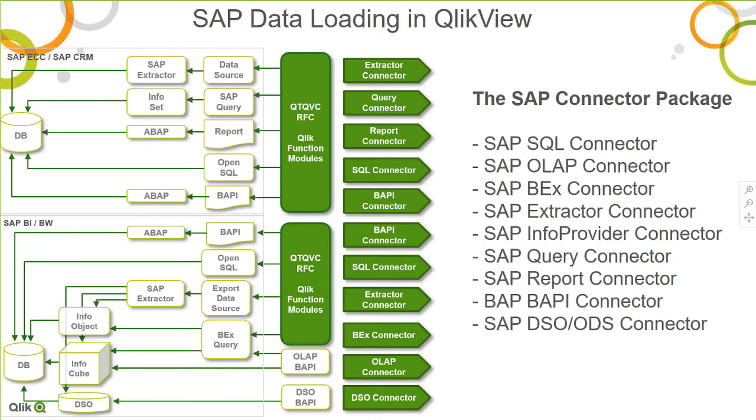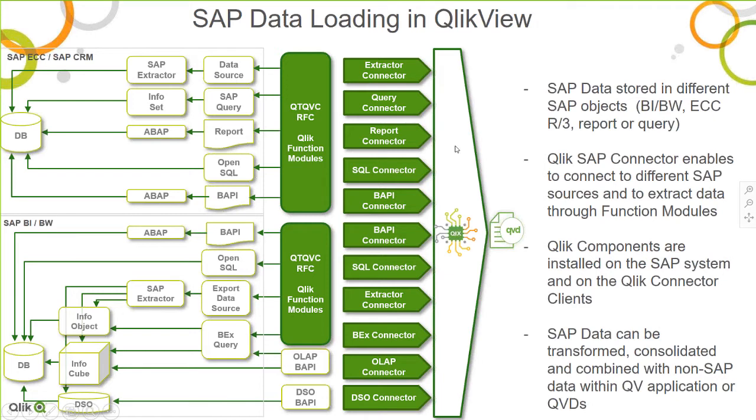Within the connector package, we have several connectors: the SAP SQL connector, the OLAP connector, the BEx connector, the Extractor connector, info provider, query connector, report connector, BAPI connector, and the DSO ODS connector. In this session, we will mainly concentrate on the SQL connector and the BEx connector.